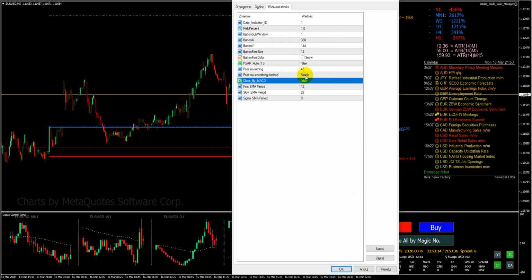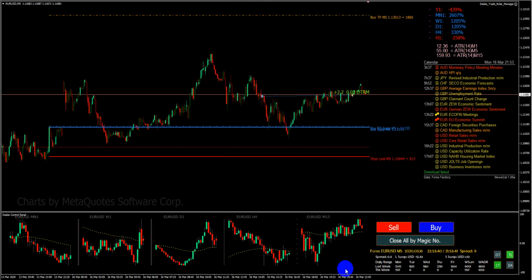One according to the PSAR and the other one according to the MACD. Well, that was some idea I used to be testing. So basically, it's a very simple one. It takes orders anywhere you click. You can click sell or buy. It doesn't matter. So yeah, that's a simple one.